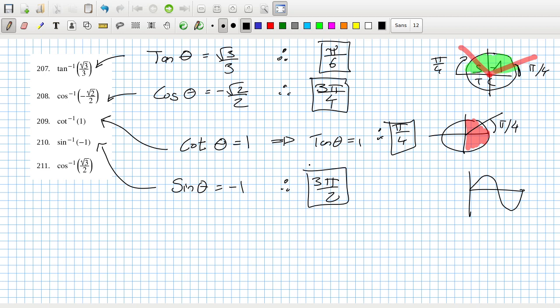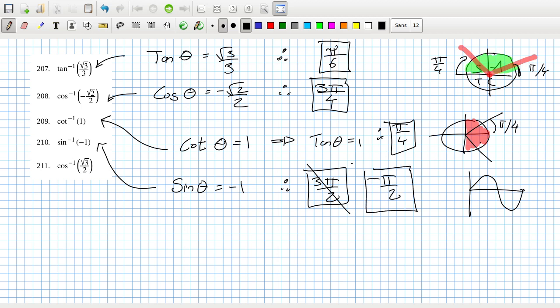I believe that's right. Oh, but I just said it has to be in the fourth quadrant. And what I mean also is that you have to give the answer as minus pi over 2 to pi over 2. So it'd be minus pi over 2.